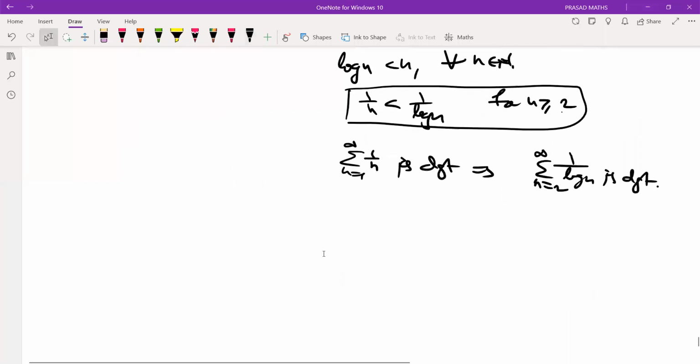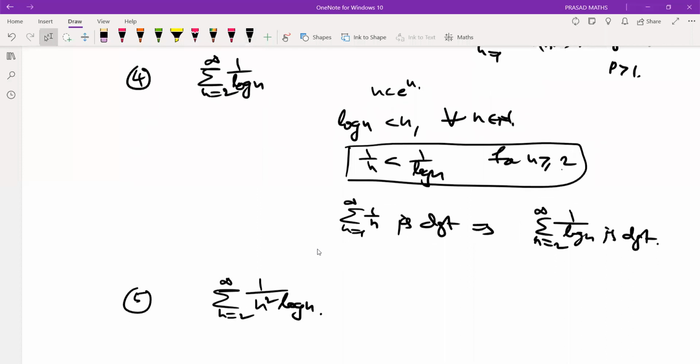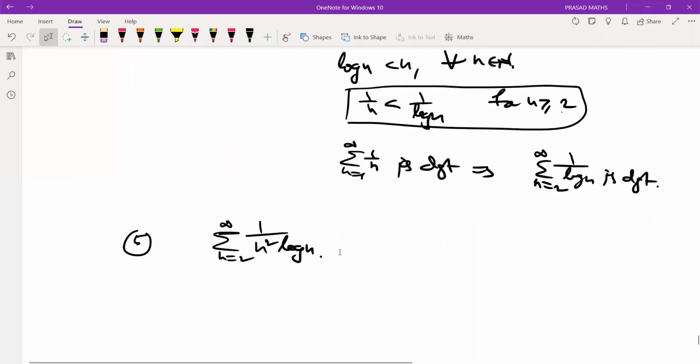Using this inequality, next, the fifth one. Suppose summation n equals 2 to infinity of 1 by n square log n. Is it convergent or divergent? Log n is always bigger than 1 for n greater than e. For n equals 1, log n is 0, so it does not satisfy. For n equals 2, log 2 is 0.3010, which fails.